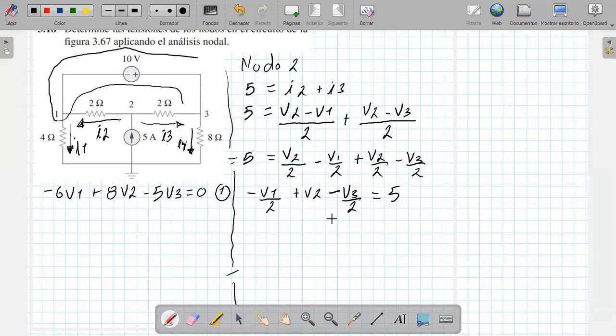Okay, now notice that I can multiply by 2 to eliminate the denominators, so I can leave the equation like this, but I'm going to multiply it by 2. Multiply by 2 on this side, I have to multiply by 2 on this other side also. It's going to be minus V1 plus 2 V2 minus V3 equals 10.